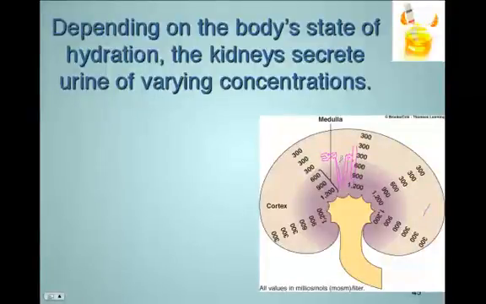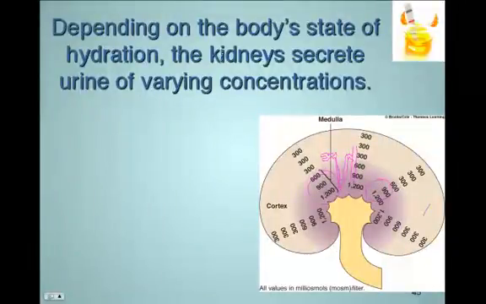So you can see that the loop of Henle dips down here in the medulla, and that's what's responsible for creating this concentration gradient, this osmotic gradient, for reabsorption. And it's because of the countercurrent multiplication that this gradient is created in the kidneys.